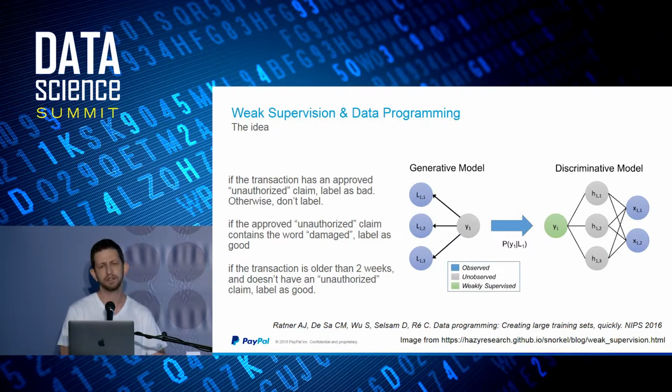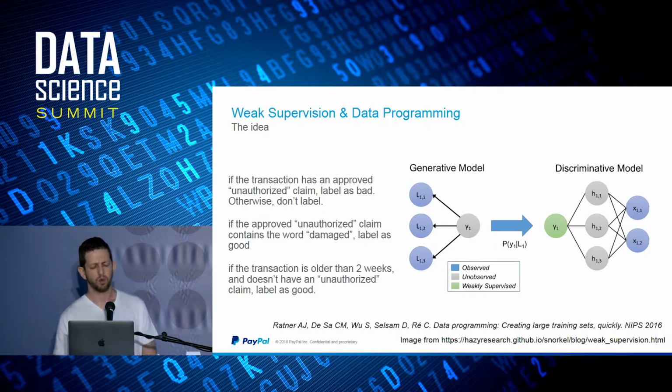Then we can train any kind of model we want to do the runtime inference, to predict from the features we have available, the amount and so on, whether it's going to be a good or bad transaction.